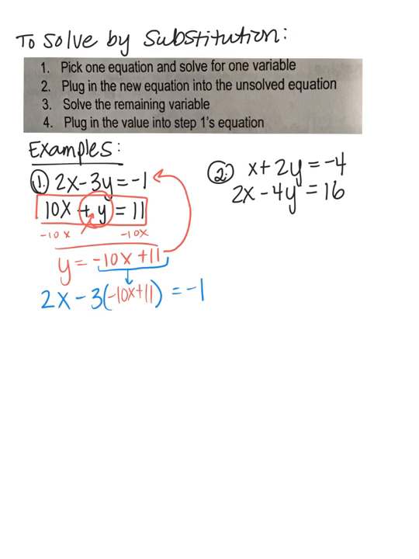All right. So now that I've substituted, I've plugged in, I'm going to do my solving. Okay, so it's just like my PEMDAS and regular solving. So I'm going to distribute here. I'm going to combine my like terms. So I've got 32x minus 33 equals negative 11. I'm going to move that 33 to the other side.